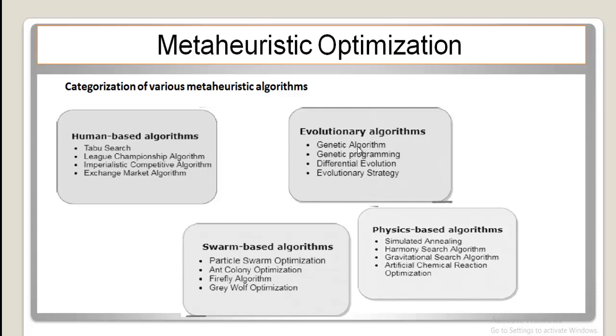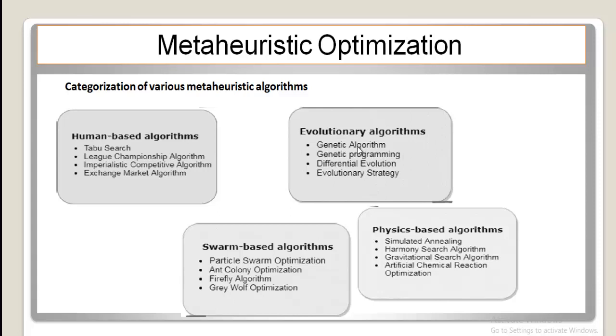There are a lot of metaheuristic algorithms, and much research is being funded on those algorithms. So we have to understand the categorization of the metaheuristic algorithms. In our exploration of metaheuristic algorithms, we see a fascinating reflection of the natural and conceptual world in their design.